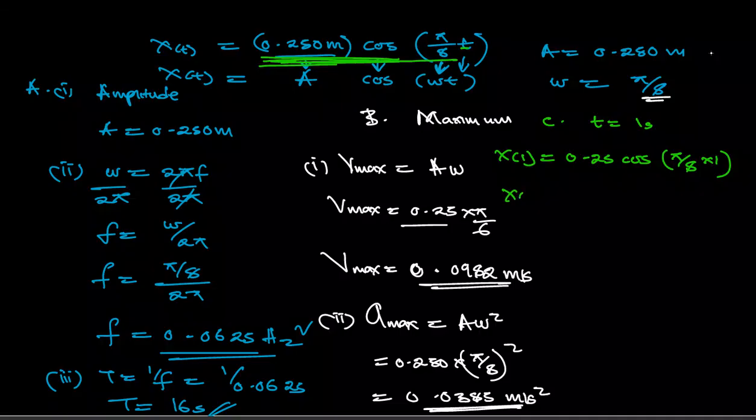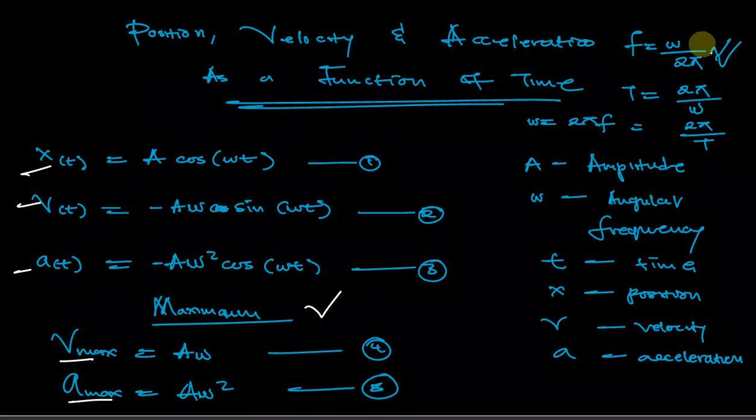Now my emphasis: when you are using these three equations, make sure your calculator is in radians. So change your calculator from degrees to radians. Make sure you change those settings. If you're not going to change that, you're going to be getting wrong answers.